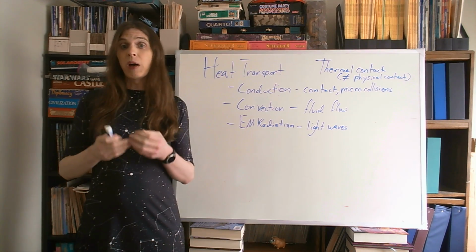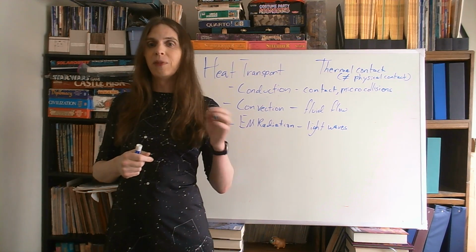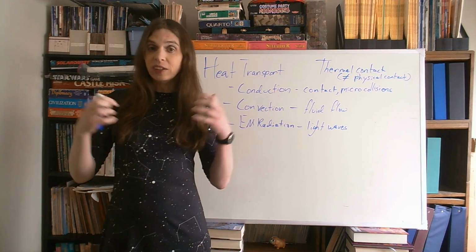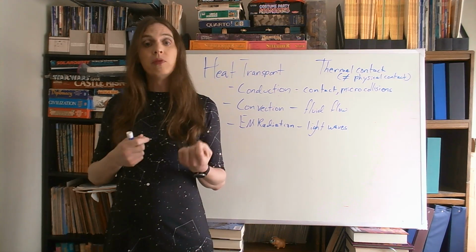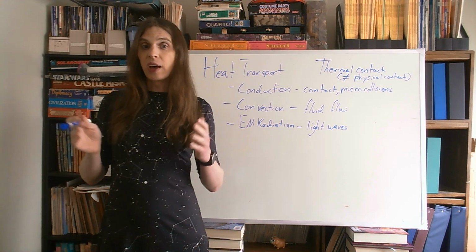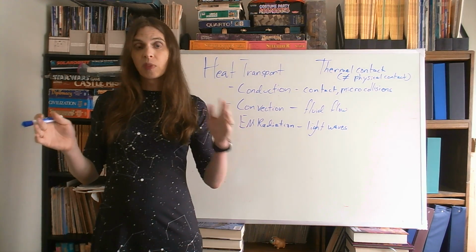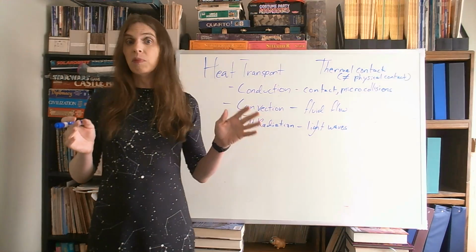When we are talking about conduction, which we're going to get into again, it does involve direct contact, touch. With convection, we're talking about objects that are separated with a fluid medium in between.